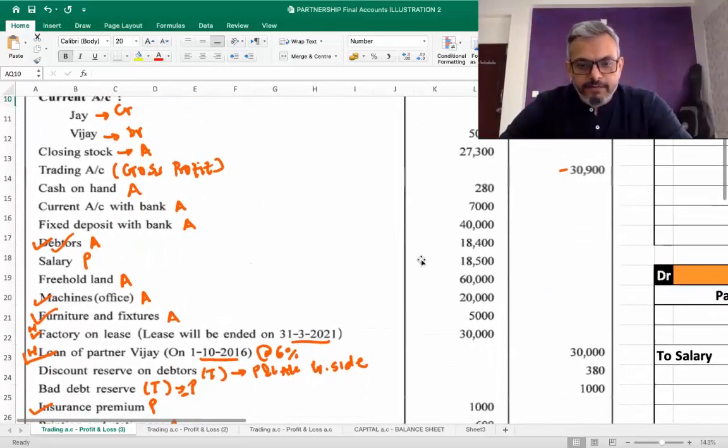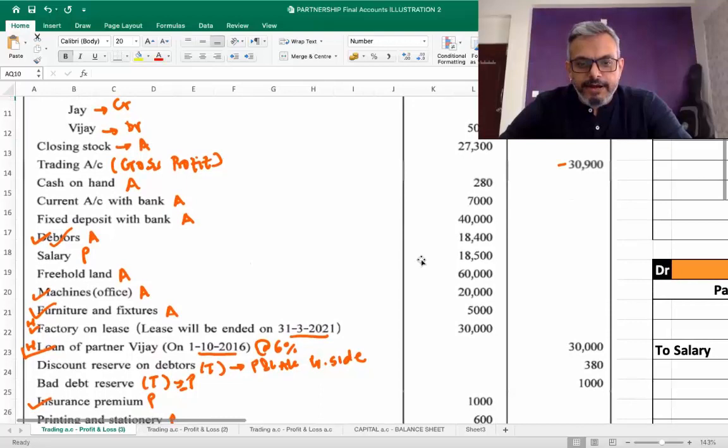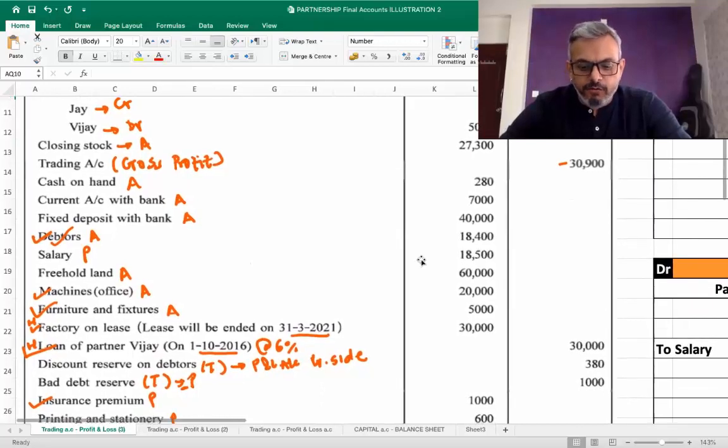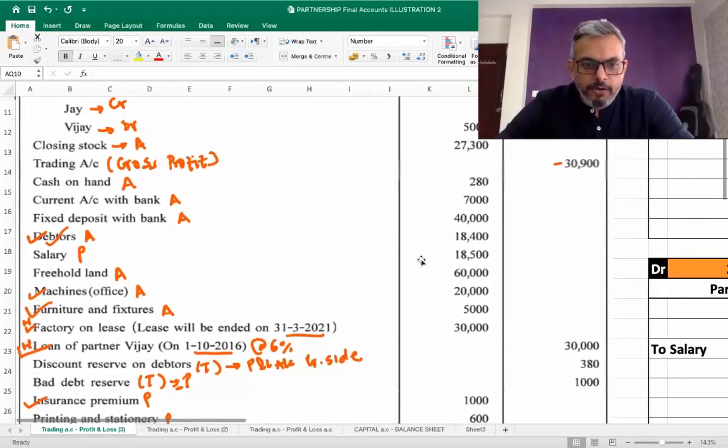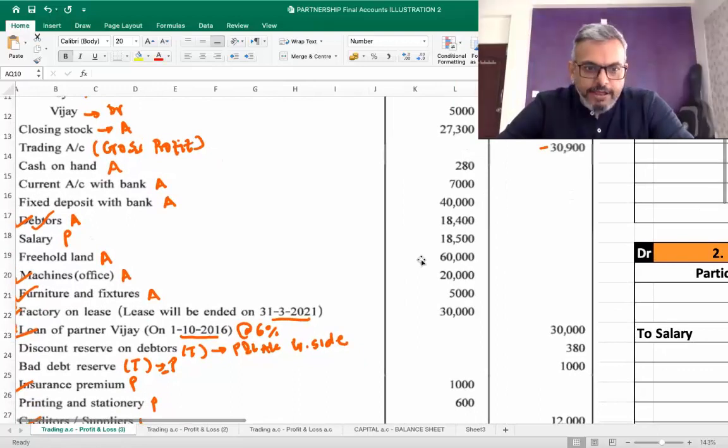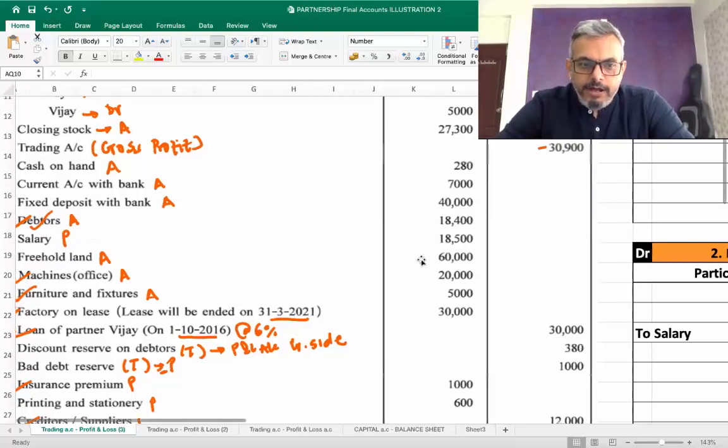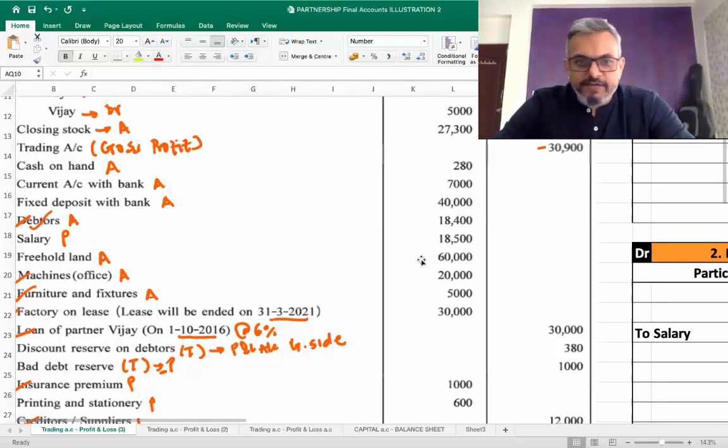Factory on lease. Lease will end on 31st March 2021. So the factory is on lease, and any factory-related expenses will go to trading account, because in our syllabus we do not have a manufacturing account.